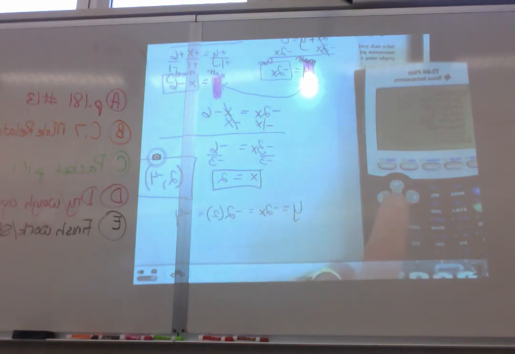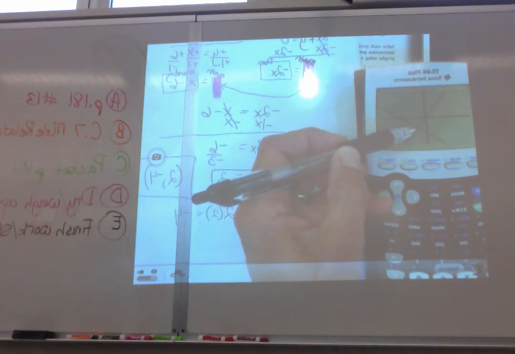I wanted to just show it to you a little bit better. Graph. Here's our function, and there's where it's crisscrossing. It's positive 2 over and negative 4 down.